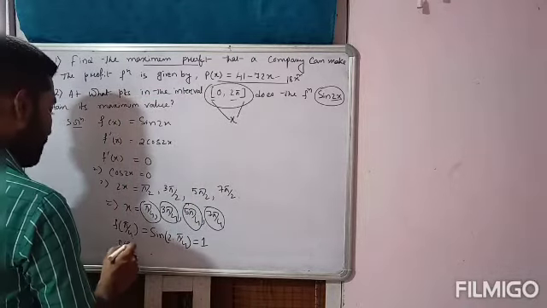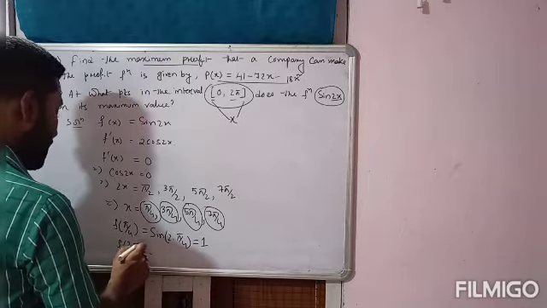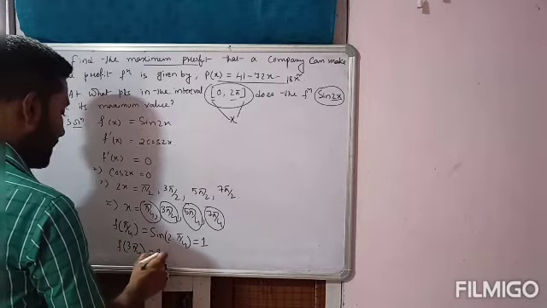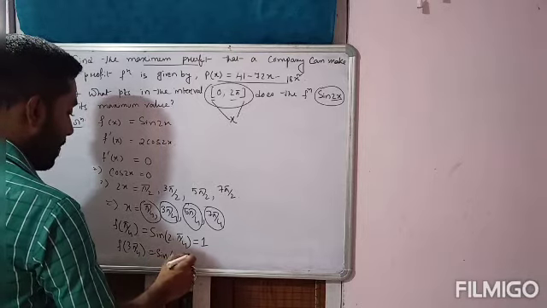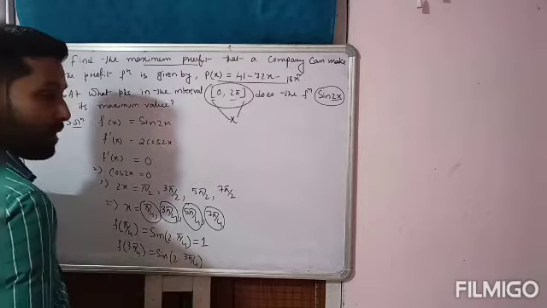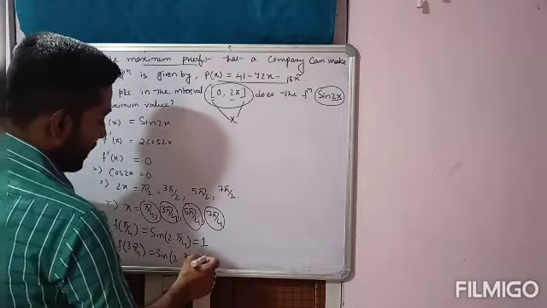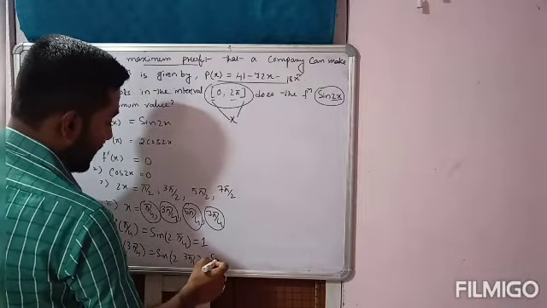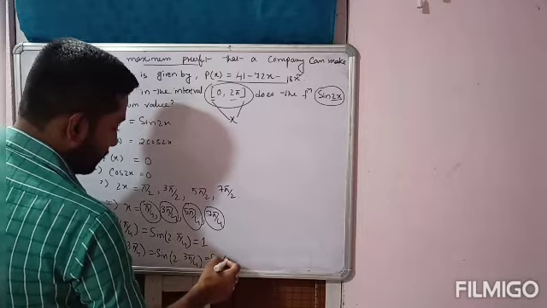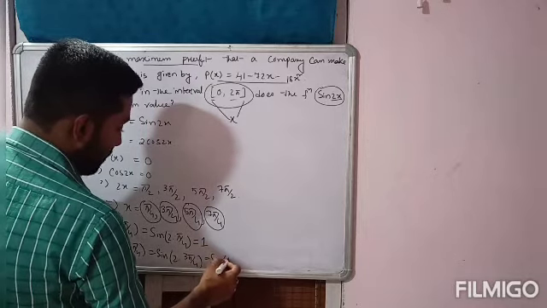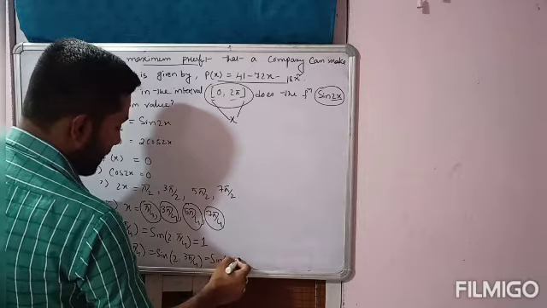Next critical point is 3 pi by 4. So f of 3 pi by 4 can be written as sin of 2 into 3 pi by 4. 2 and 4 will be cancelled, so this means it is sin of 3 pi by 2. 3 pi by 2 can be written as pi plus pi by 2.